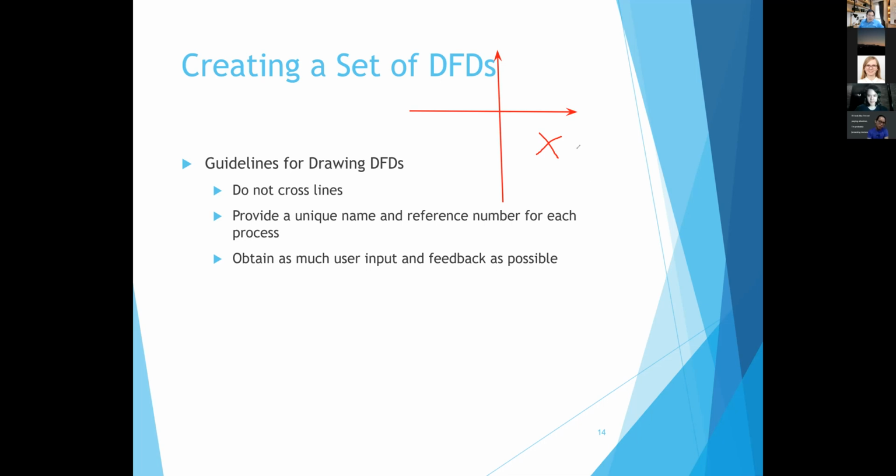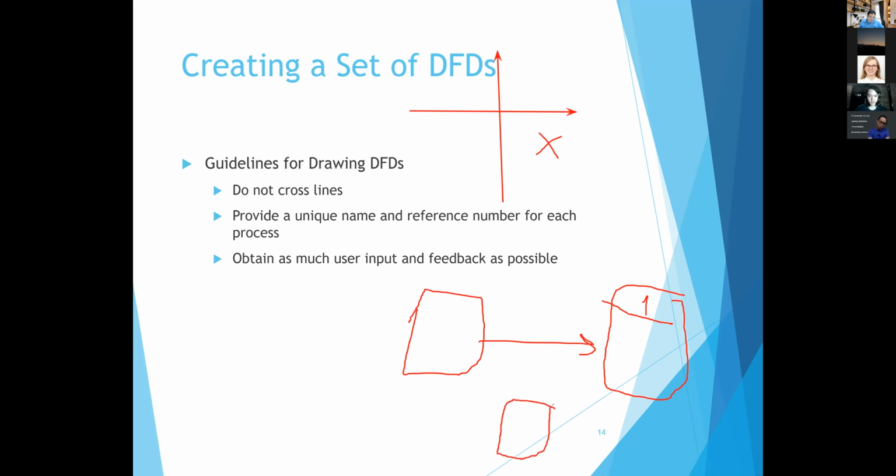For example, if you would like to draw a line that needs to go to another part, you can see that here it might make you cross the line like this, right? And I say no, don't do that. So how to fix this?